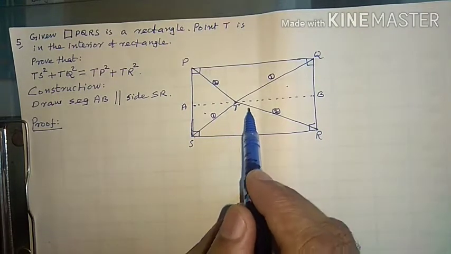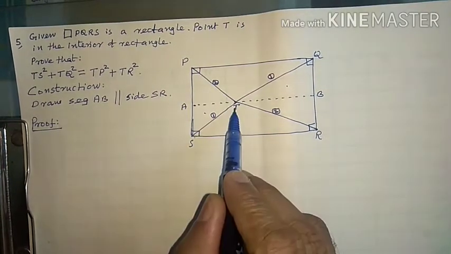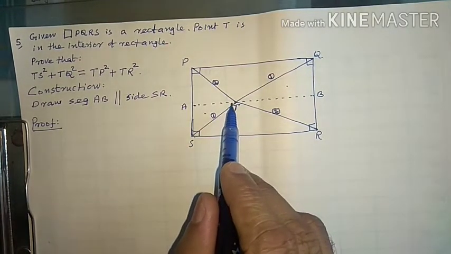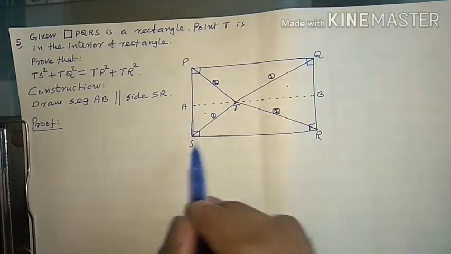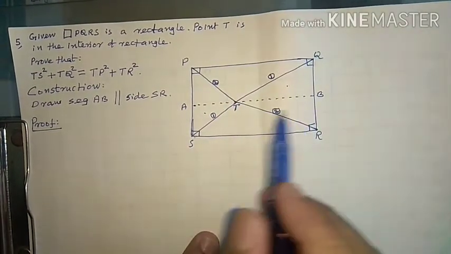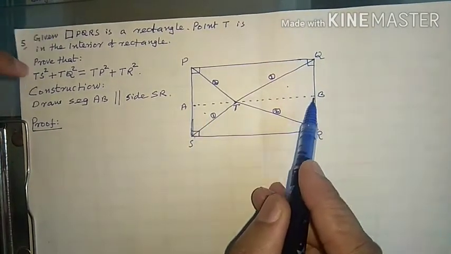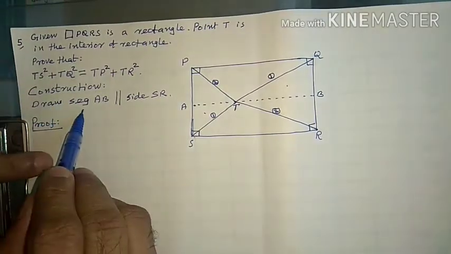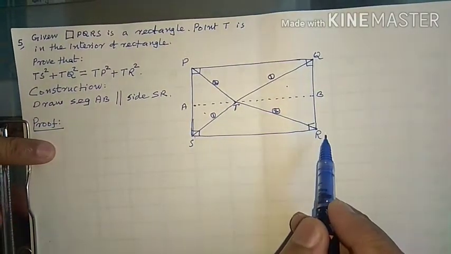By the line drawing axiom, through this point outside the line SR, one and only one parallel line can be drawn to SR. So that is the line AB we are drawing in construction. Draw segment AB parallel to SR.